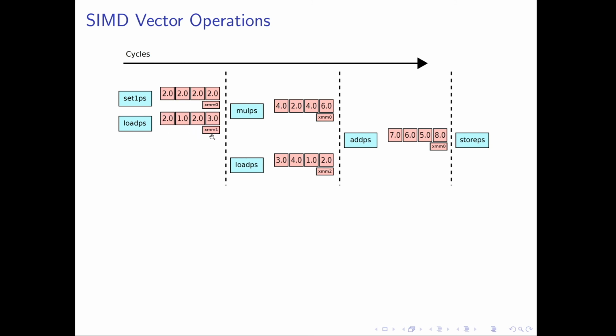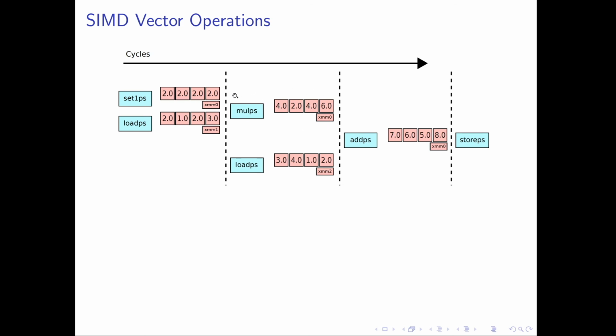And you can see this happens in the first clock cycle in our example, and then I perform a multiplication, and at the same time I also perform another load. You can also see that all those instructions operate on the whole vector of scalar values.